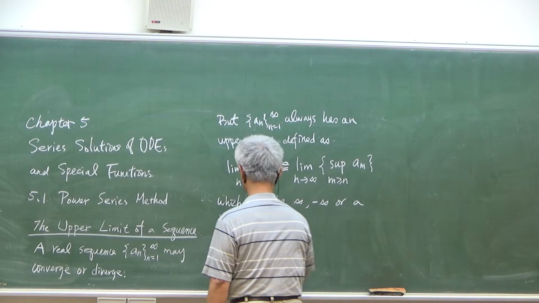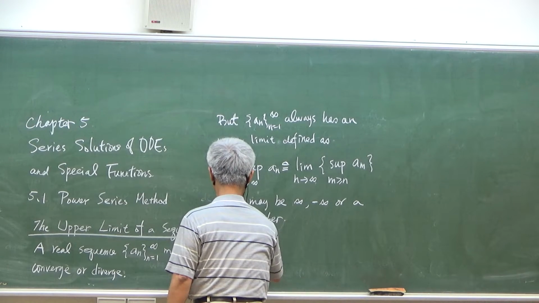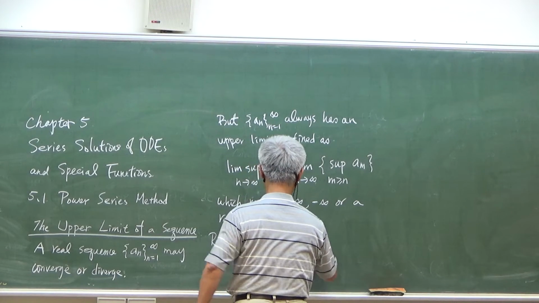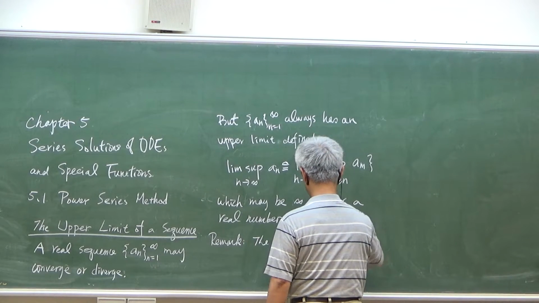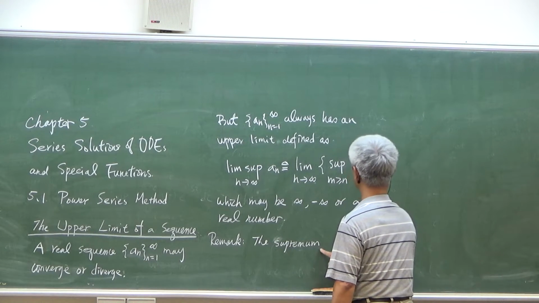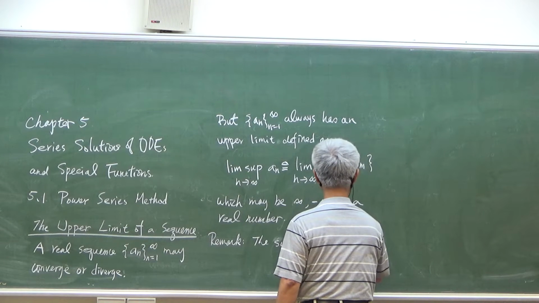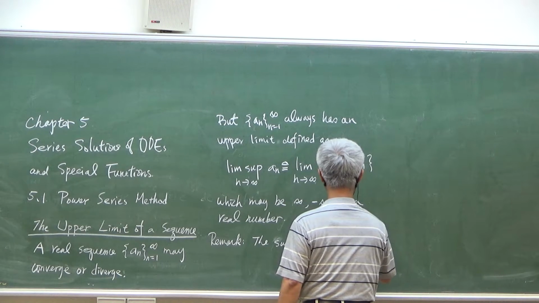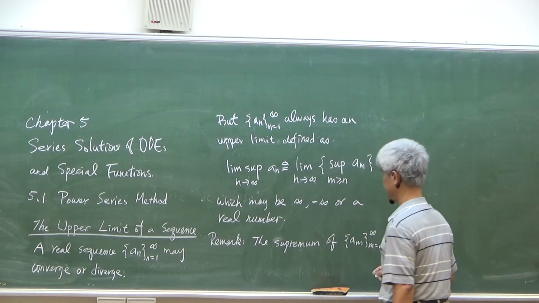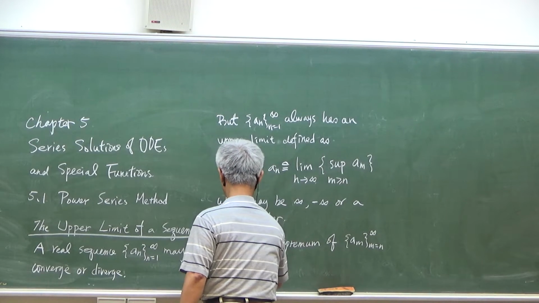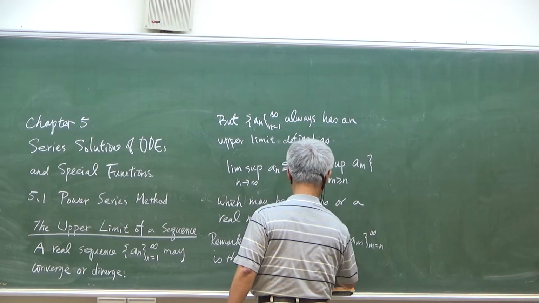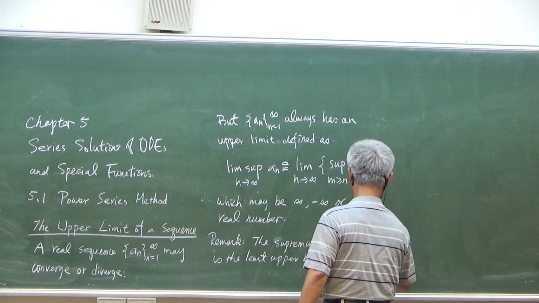So, remark. The supremum of a_m, m from n to infinity, is the least upper bound of a_m for m greater than or equal to n.